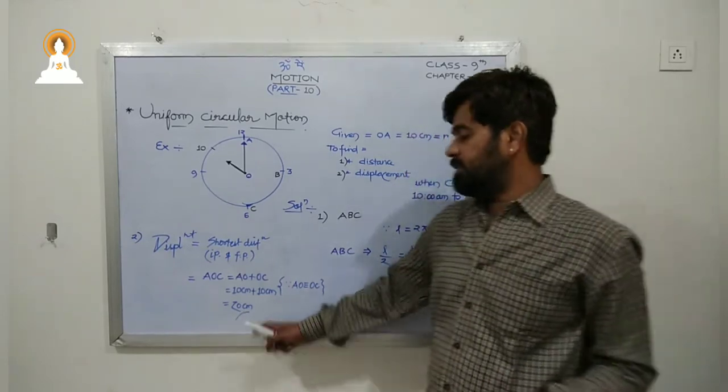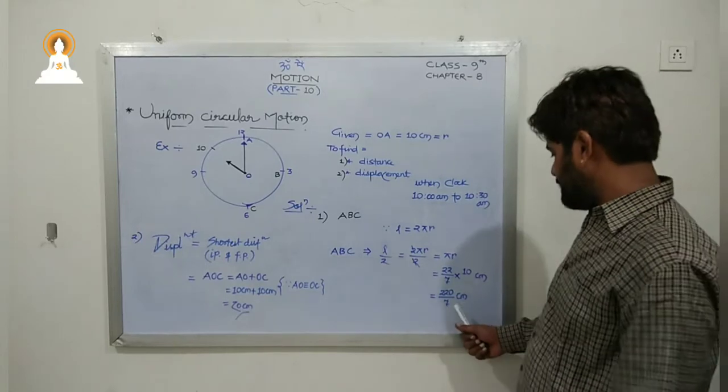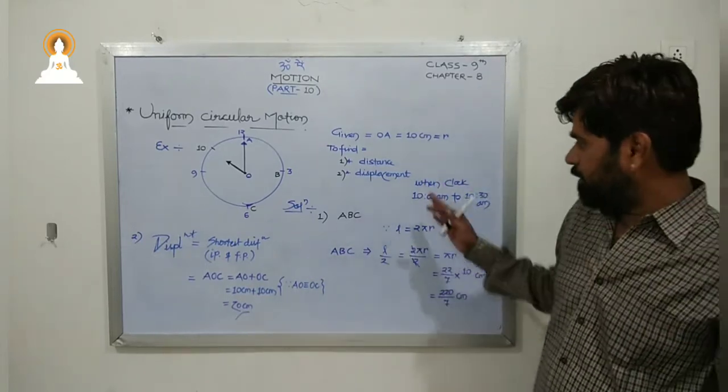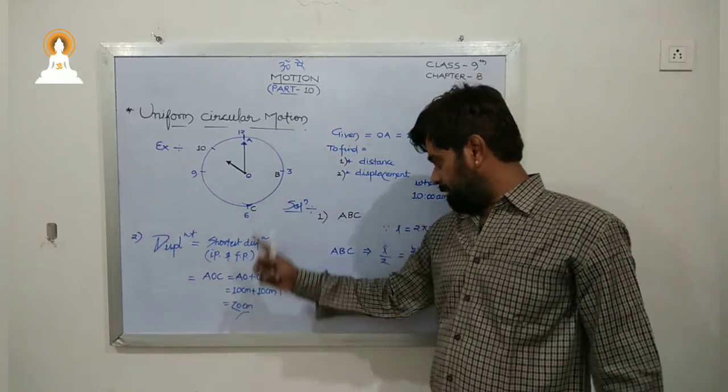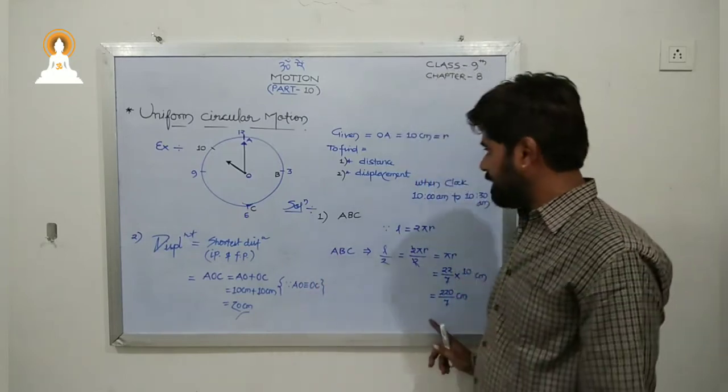So this is going to be the displacement, and this is the distance. Distance will be more than the displacement. As we have already discussed, displacement will be either equal to or less than the distance covered.